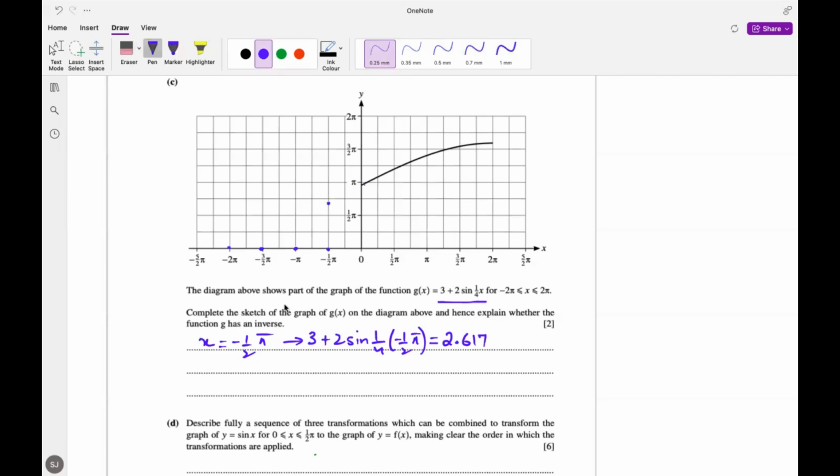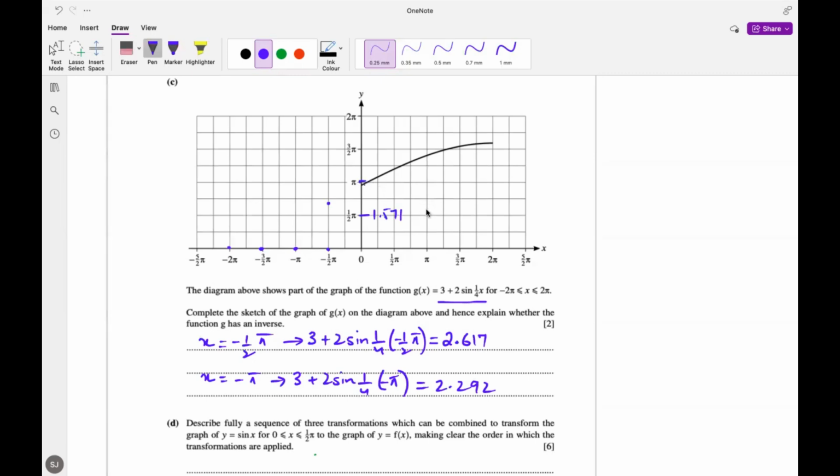Substituting x equals minus pi in this equation, we'll get 3 plus 2 sine of 1 upon 4 into minus pi. Substituting this in the calculator, the value will be 2.292. Now 3.142 divided by 2, just to make it clear, in decimal is 1.571.